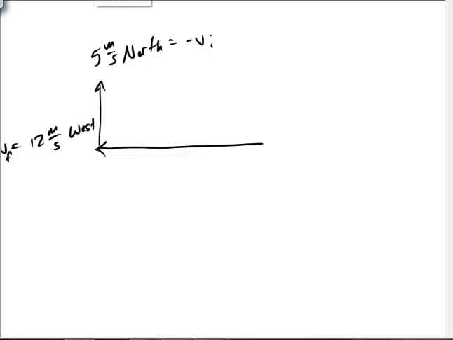So if I had, I should have a ruler when I do this, of course. There we go. So if you had graph paper, you could use a protractor, or you can use the math. And so I could go ahead and measure these, assuming that I scaled this out to 5 and 12. But because I've done a little math in my life, I believe that this is 13 meters per second.